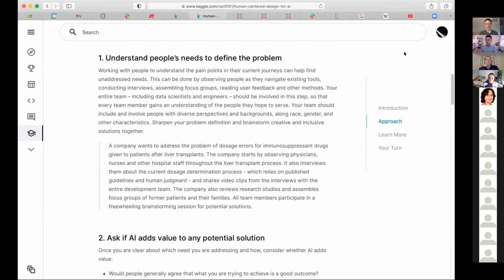But in order to come up with a good solution to the problem, you always want to consider people. And in many cases, the thing that you really want to ward off here is making sure that you're not producing a solution in search of a problem. If you don't have a problem, then you probably don't need a product.